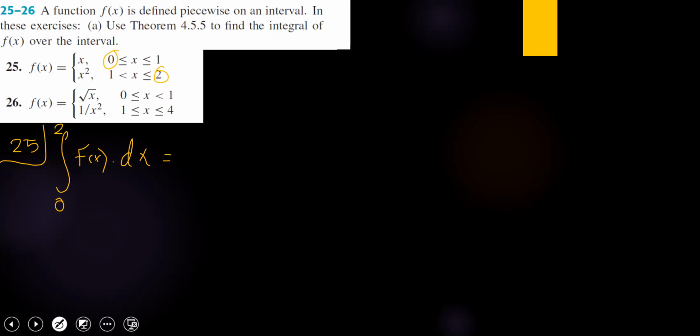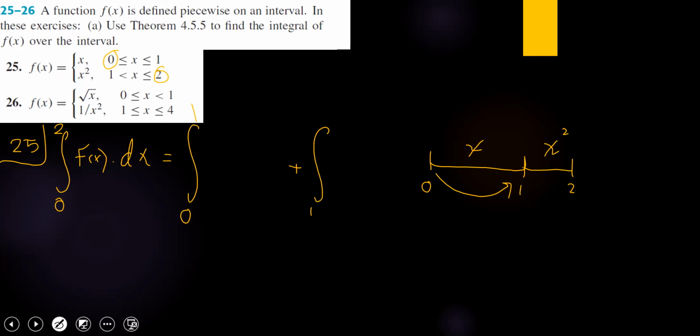Here I have from 0 to 1. It's like this. I have from 0 to 1 and from 1 to 2. From 0 to 1, the function is x, and from 1 to 2, the function is x squared. So to find the definite integral from 0 to 2, I will say that we have from 0 to 1 plus from 1 to 2.